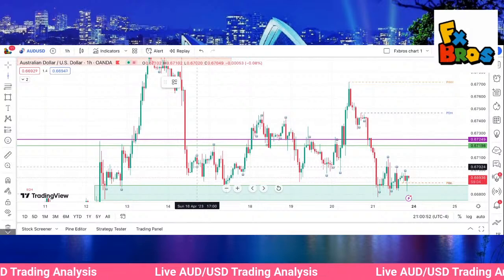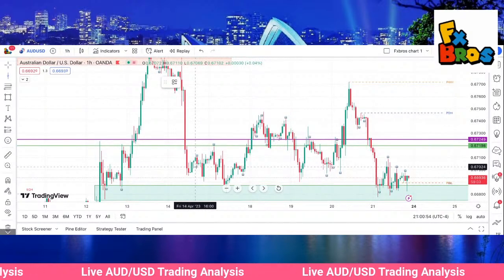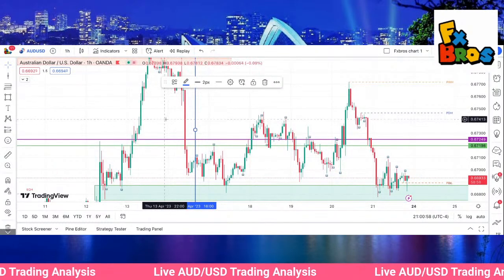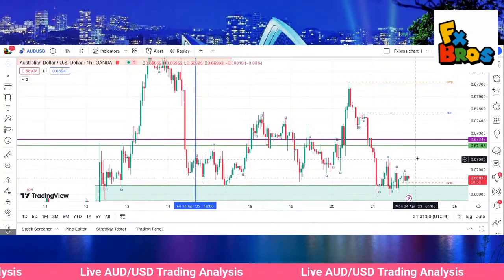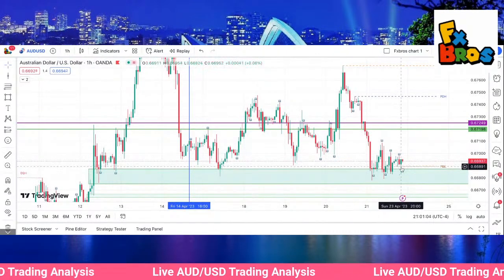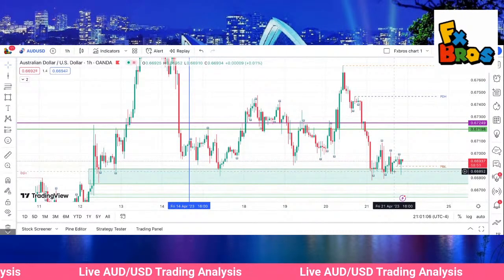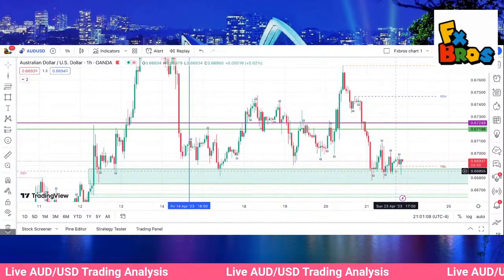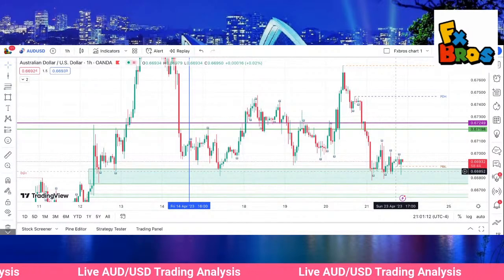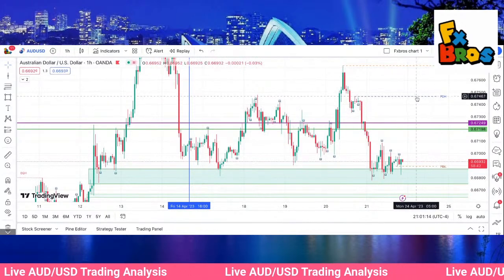Sunday was this. So that engulfing was Sunday. So basically, everything past this line and up to this point, that's what happened last week. And that's what we're about to talk about.